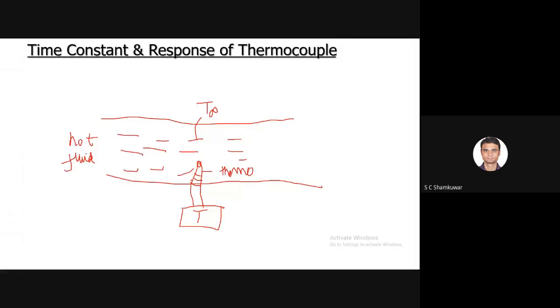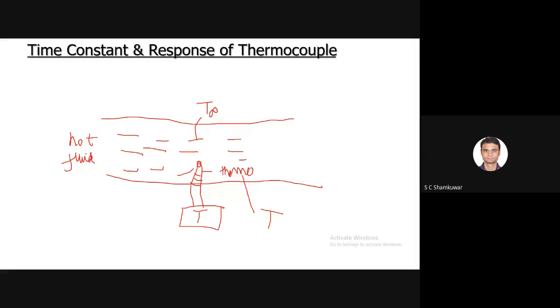Now the temperature shown by the thermocouple will be the temperature of the fluid. The temperature of the thermocouple or wires and the temperature of the fluid should be the same. What is the temperature shown by the thermocouple? T. So the temperature shown by the thermocouple, T, and the temperature of the hot fluid should be the same.